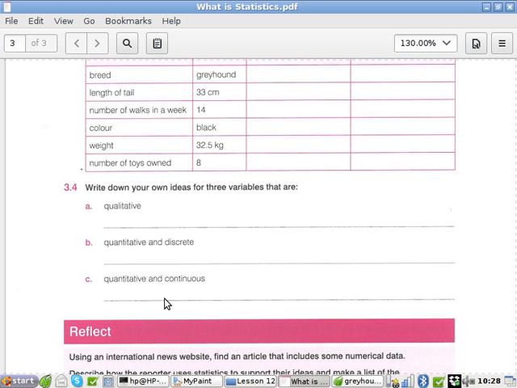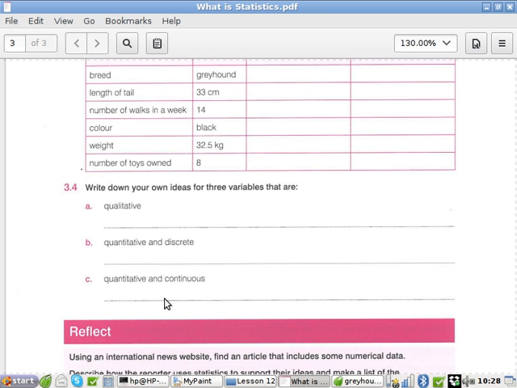The weight, like how heavy it is. What do you think? No, I think it's continuous. Why? Because it can be like 1 kg, 2 kg, 1.5, 1.2 kg. You don't think so? I know, I know.